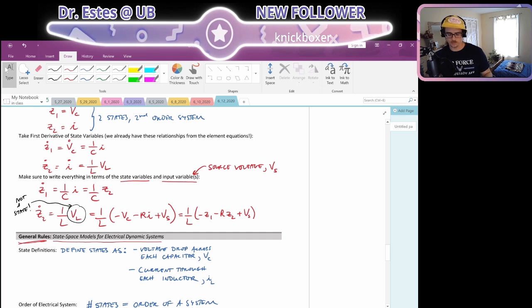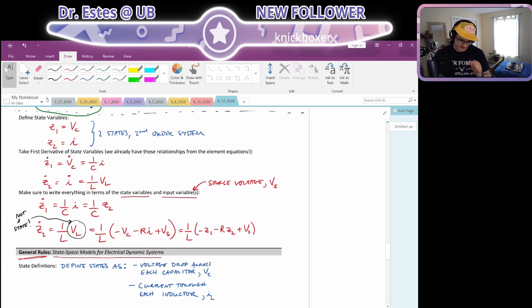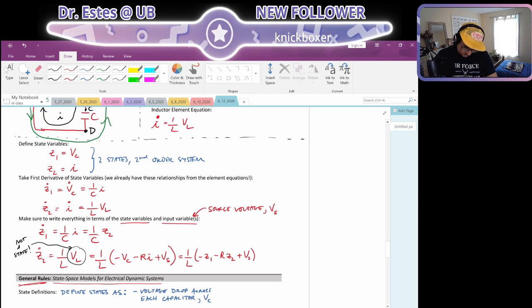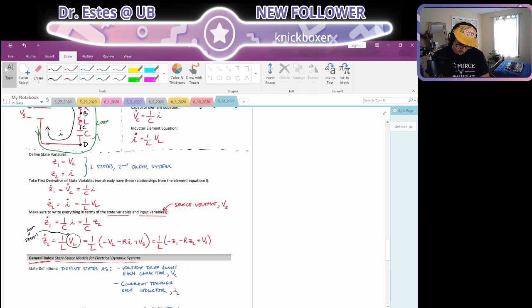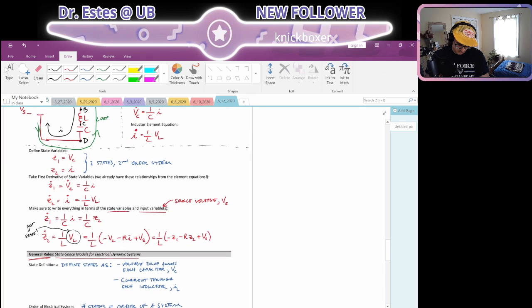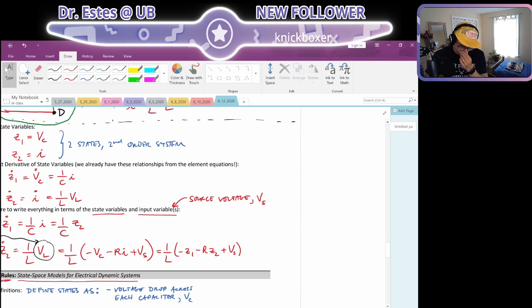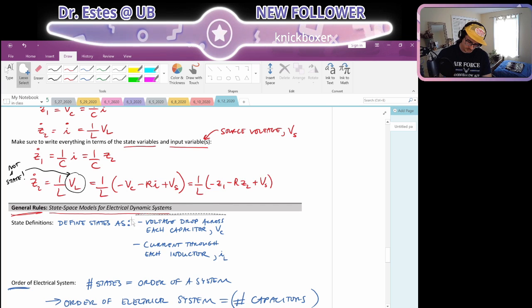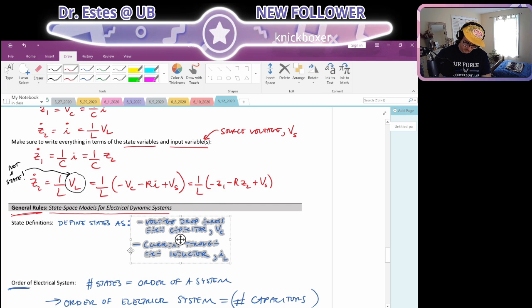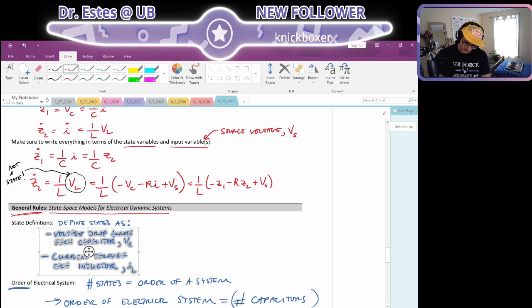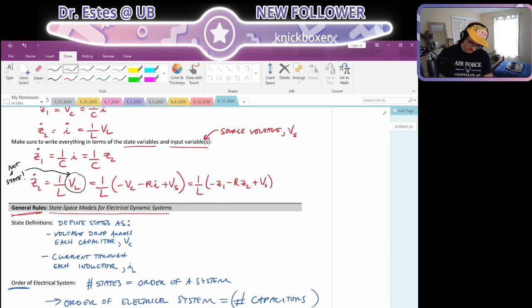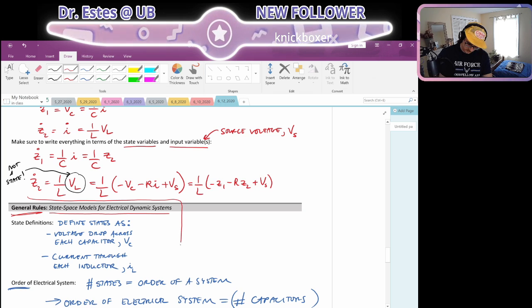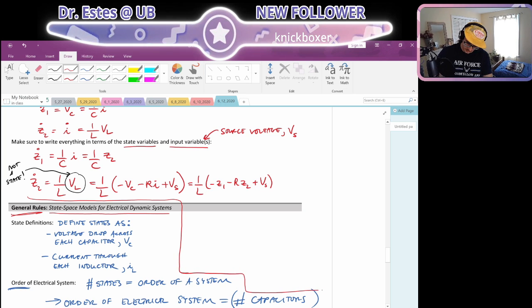Ooh, I didn't really leave room for us to put this in matrix form, though. We can squeeze it in somewhere. I'm going to scoot some of this info over. And then we'll take this and put it in matrix form here.